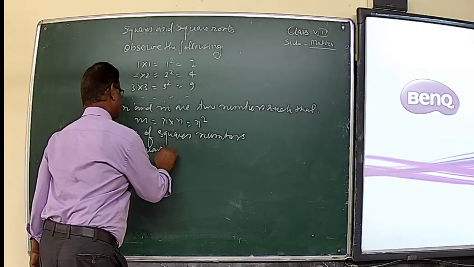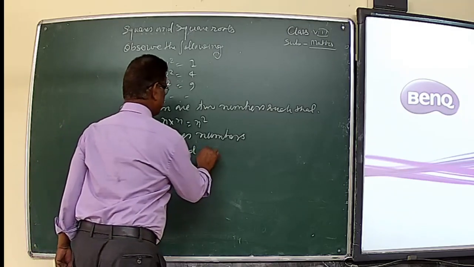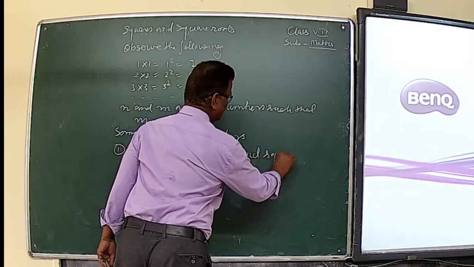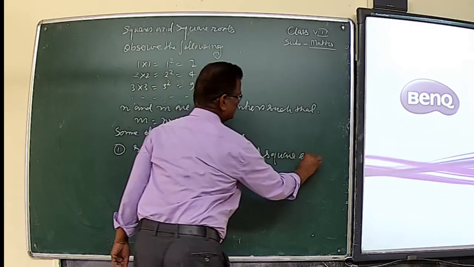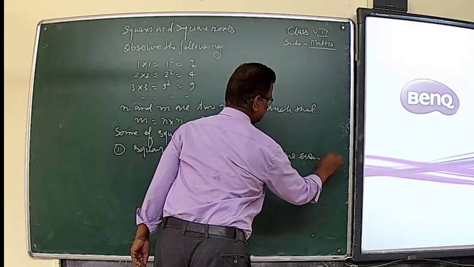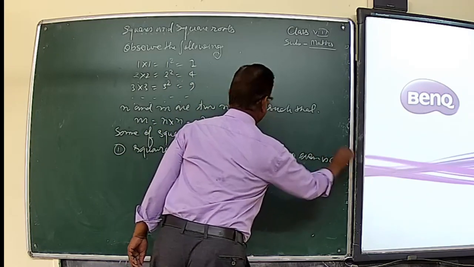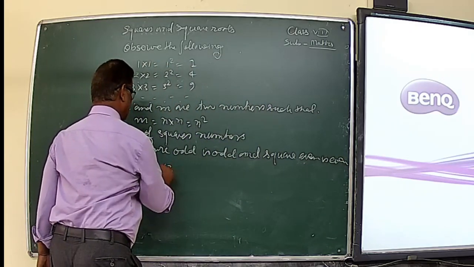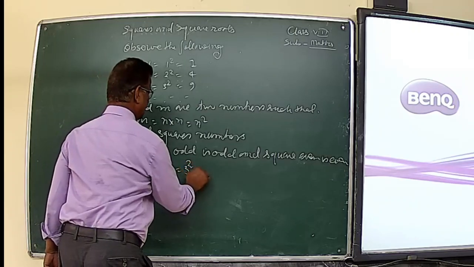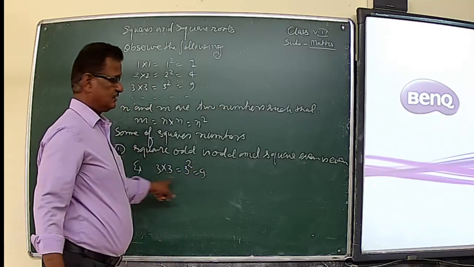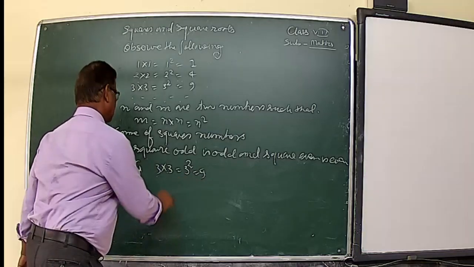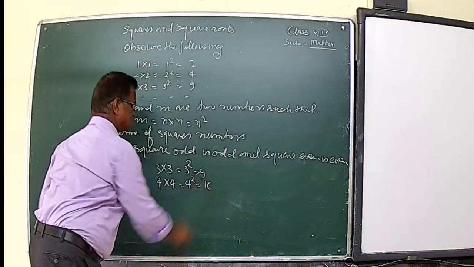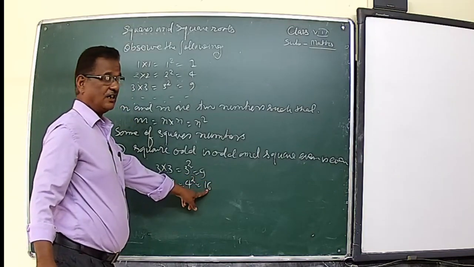For example, 3 is an odd number, the square of 3, 3 into 3, is 9. 3 is odd, so the square of 3 is also odd. Even number 4: 4 into 4 is equal to 4 square is equal to 16. 4 is even, so its square is also even.